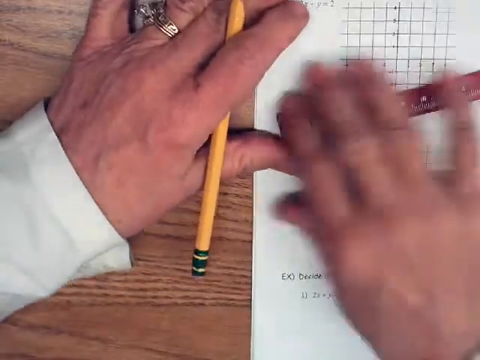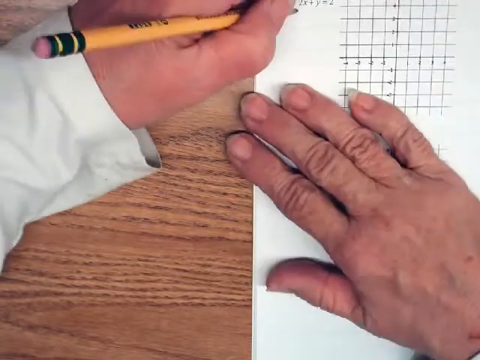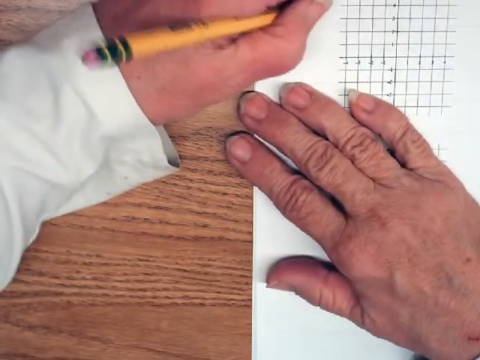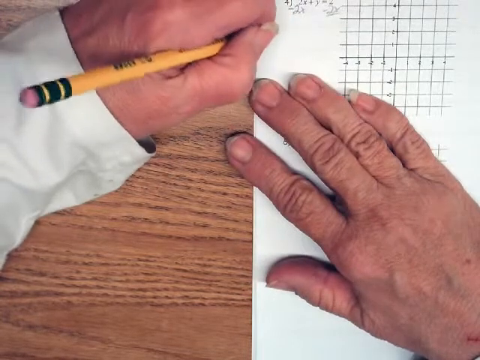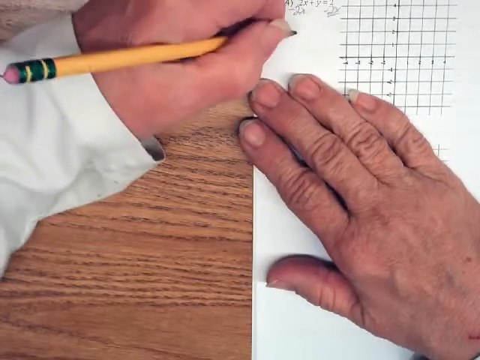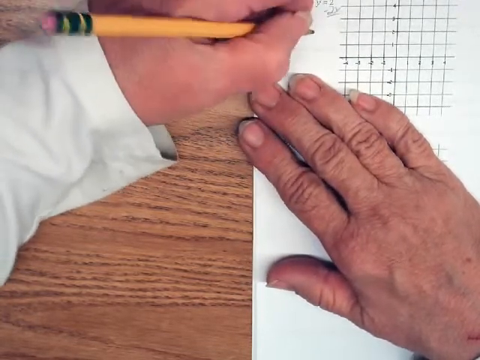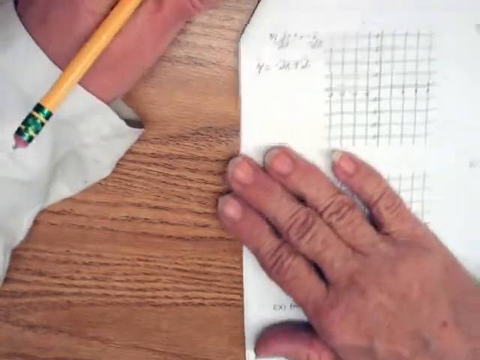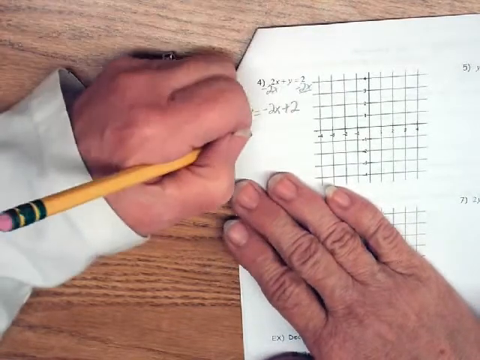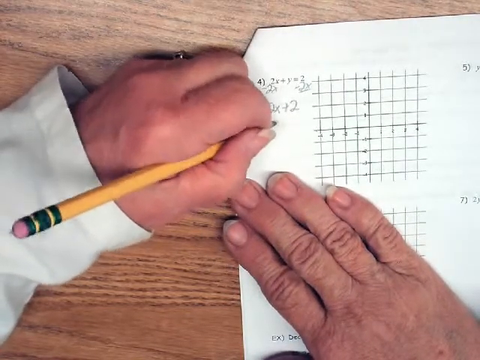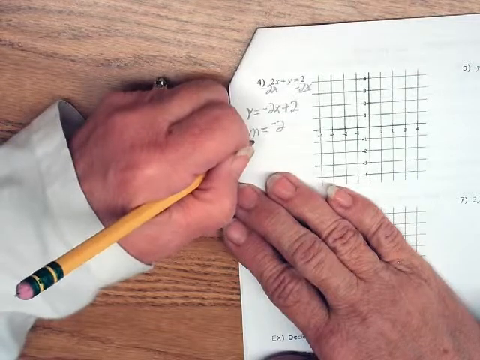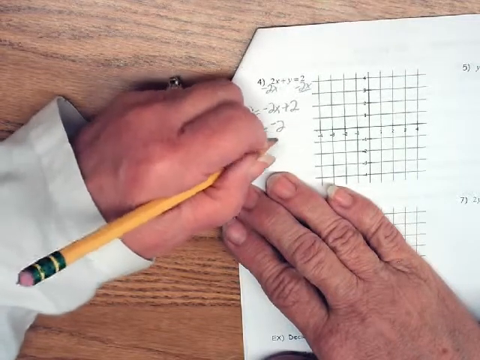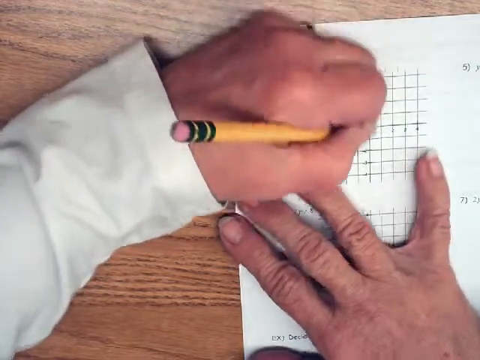Number 4, we've got to solve for y first. So all we need to do for that is subtract the 2 x's here and the 2 x's there. So now y equals the -2x that we moved over plus the 2 that was already there, which means that this time the slope is -2 and the y-intercept is at +2.